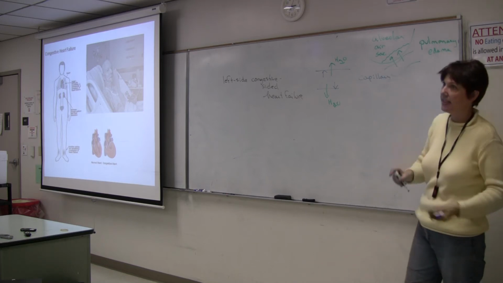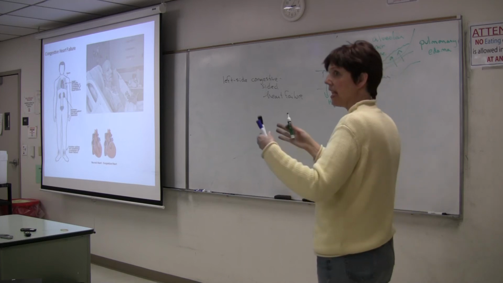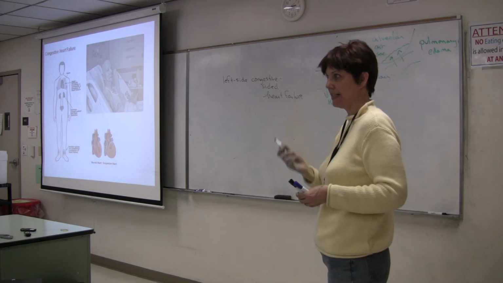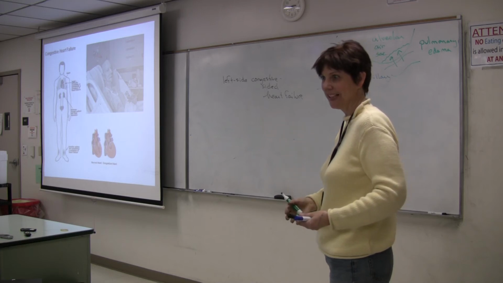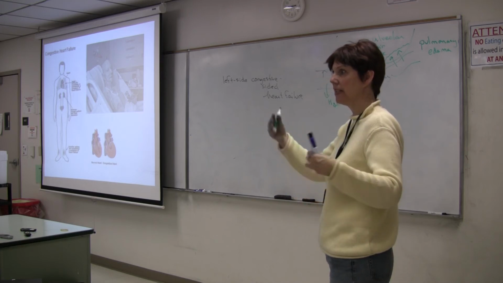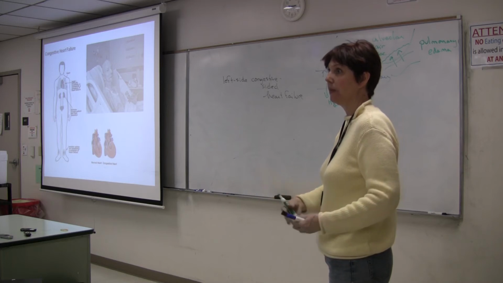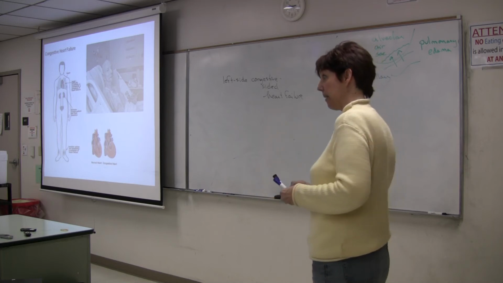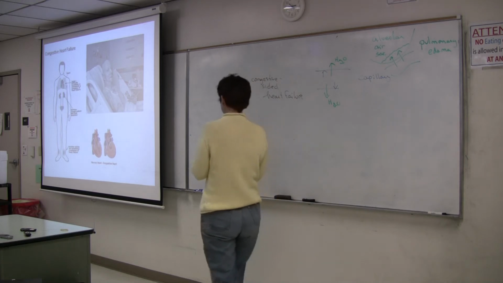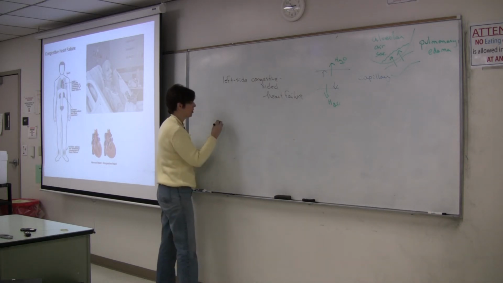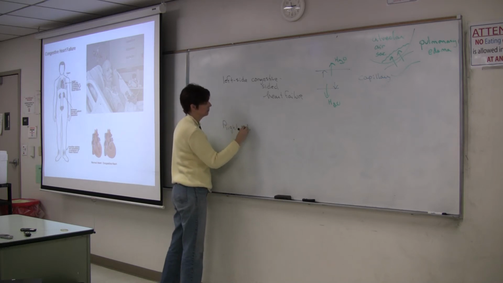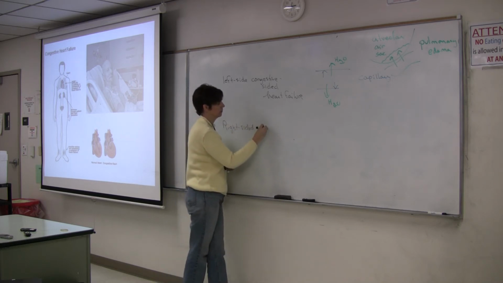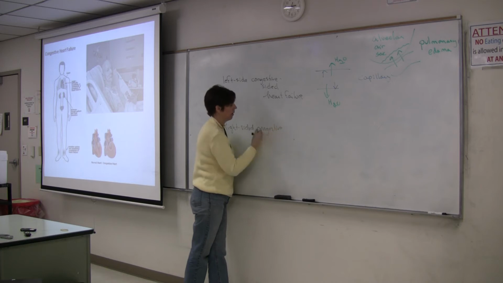Now, if that continues, pressure is now going to back up into the pulmonary arteries and into the right ventricle, and from the right ventricle into the vena cavas, and from the vena cavas into our systemic capillaries. And so with right-sided congestive heart failure, we get systemic edema.